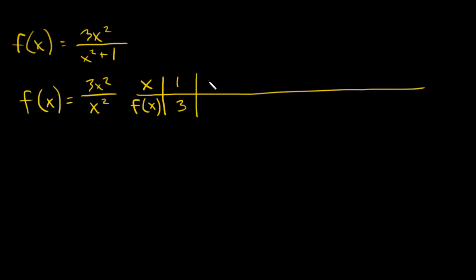What about x equals 2? Well, that's 3 times 4 divided by 4. So that's just 3. What about x equals 3? 3 times 9 divided by 9. Well, that's 3. What about 1,000? 3 times a million divided by a million? 3.